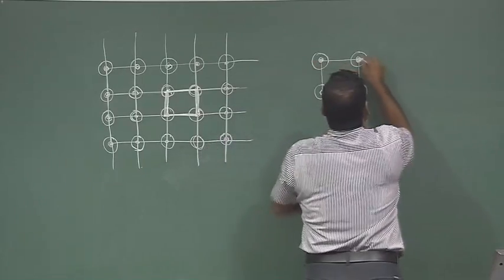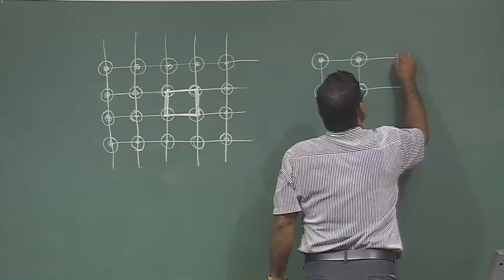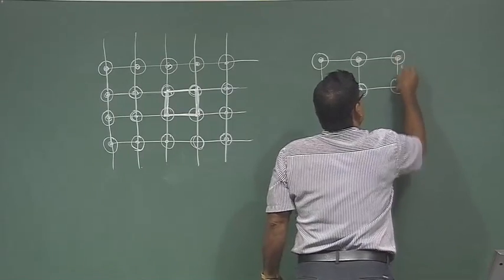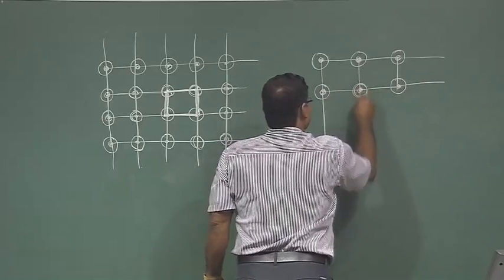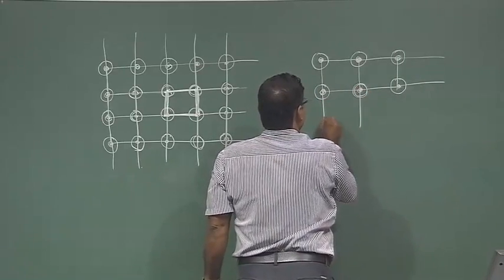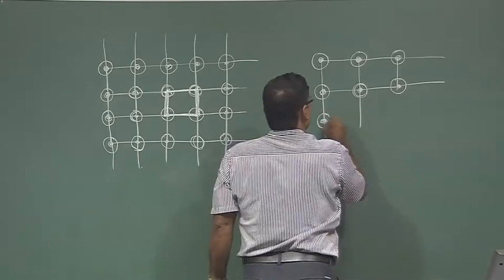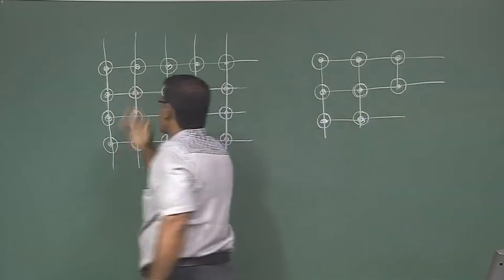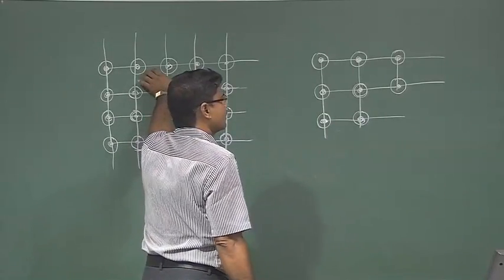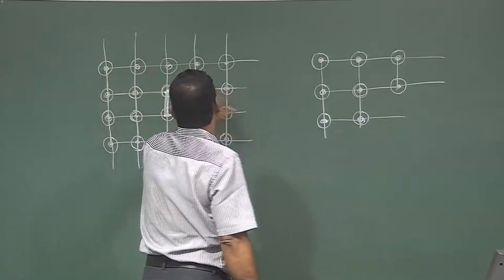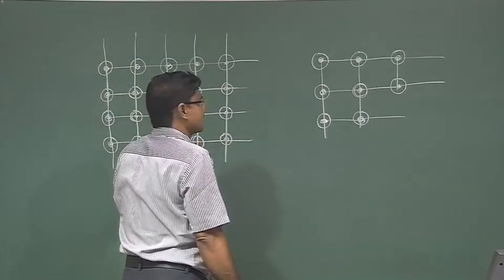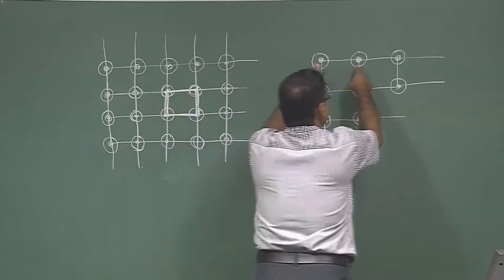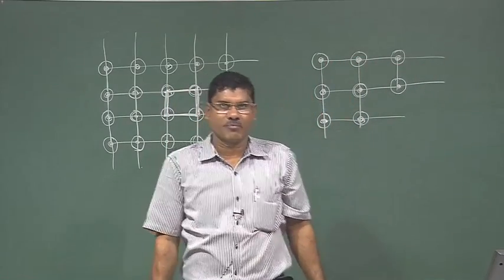So, now just repeat this one, just repeat this one, repeat this one, repeat this one in all directions, right. So, then you will get the same structure as we got just by putting the atoms following the equilibrium distance, minimum energy. So, whatever structure we got, the same structure we will get if we repeat the unit pattern in space.